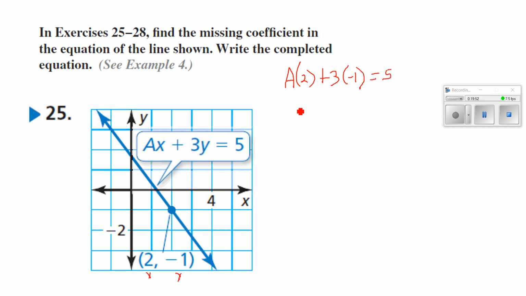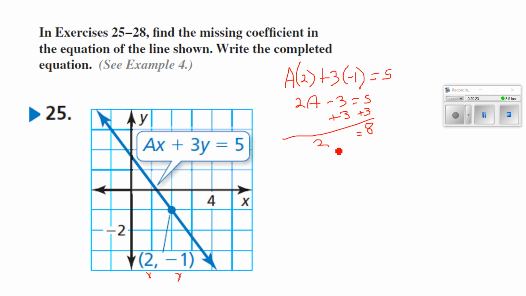Now we could just say that we have 2a plus, positive times a negative is a negative, so I'm going to change that to a -3. This is -3 equal to 5, which means we'll have to add 3 to both sides to combine our like terms.